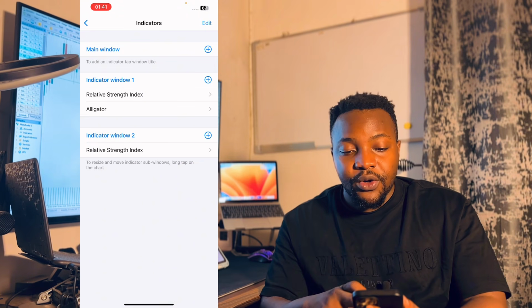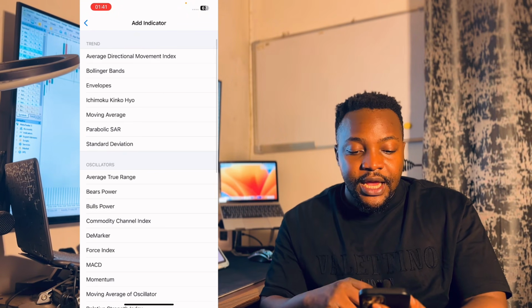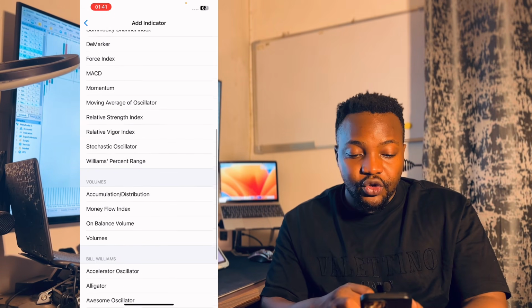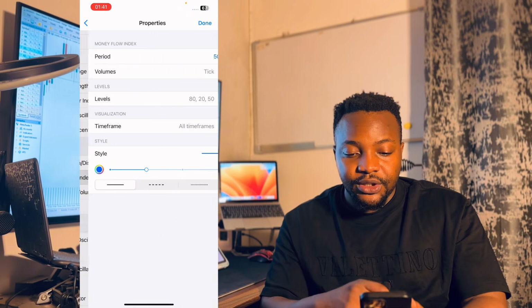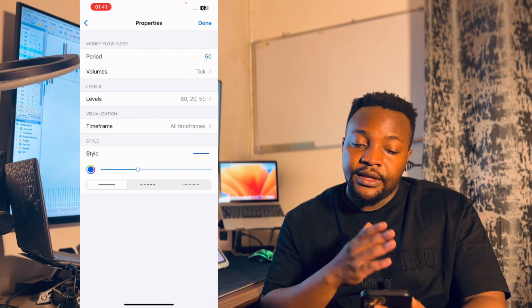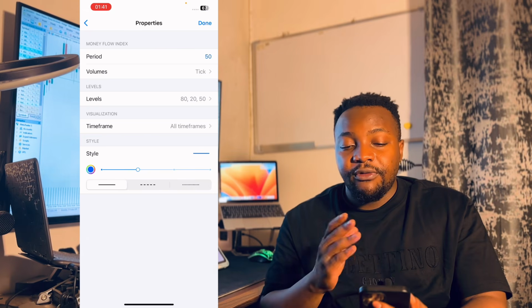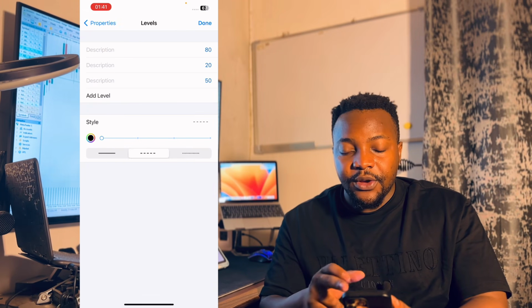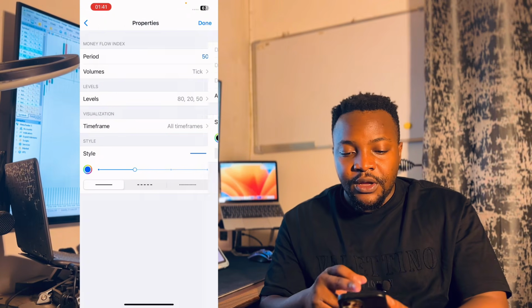Then I'm going to go back to my indicator section, and this time around I'll click on indicator window 1, and we're going to install our final indicator, which is going to be the money flow index. It is right here, and this indicator is going to have the following properties that you see on my screen: a period of 50, the volumes is tick, and we have these levels as well.